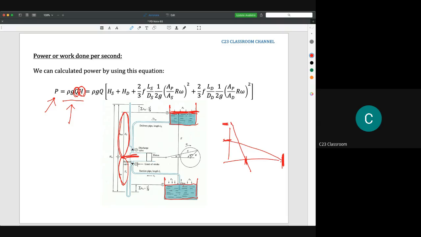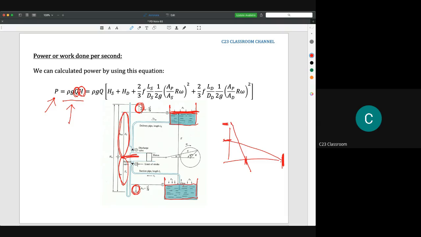And because there is friction, we learned in the centrifugal pump Bernoulli equation previously about major losses, minor losses, and so on. So we need to overcome the loss in suction and also the loss at the delivery.